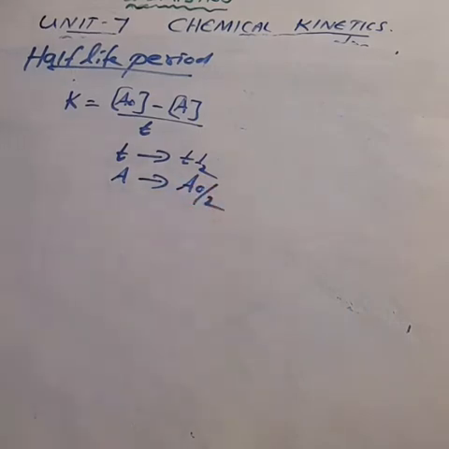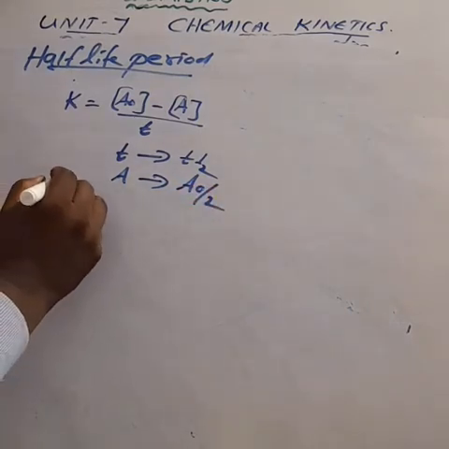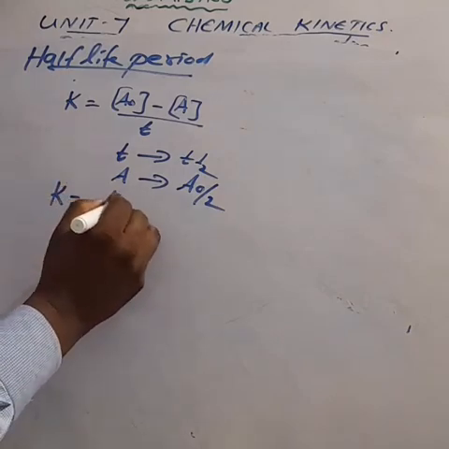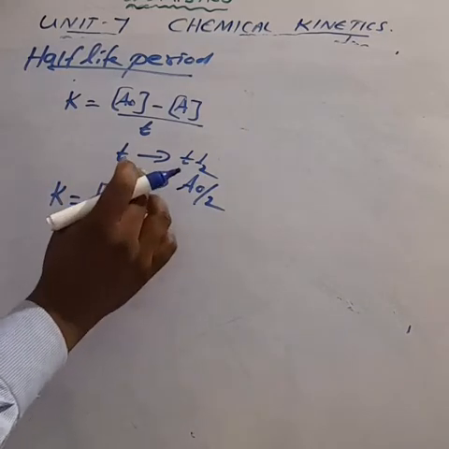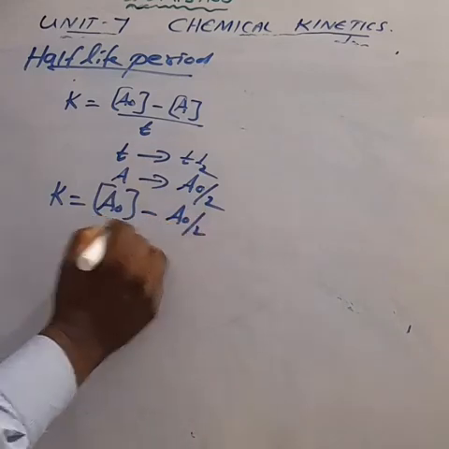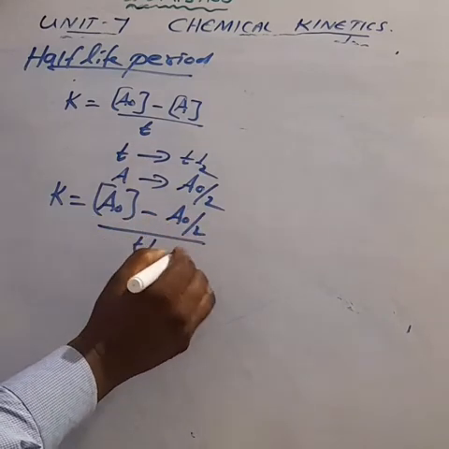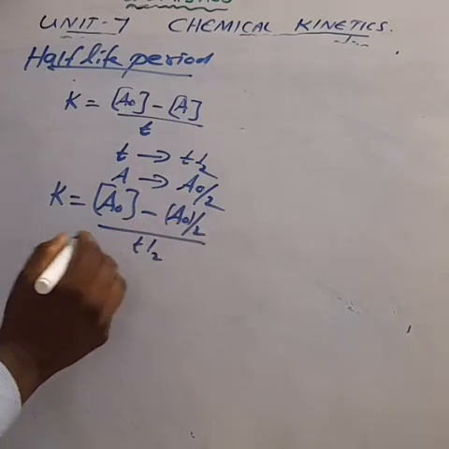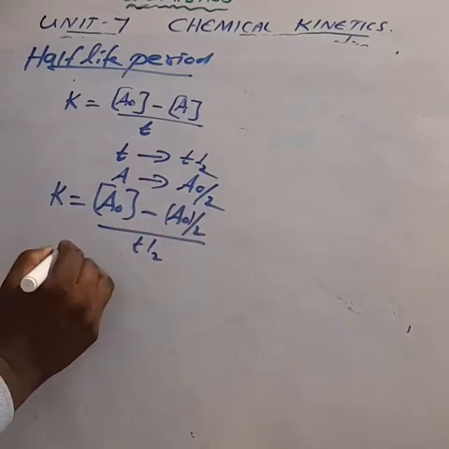From this, K is equal to A naught minus A naught by 2, divided by T half. So K is equal to A naught divided by 2 T half.